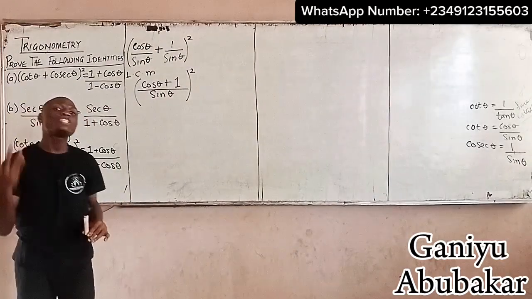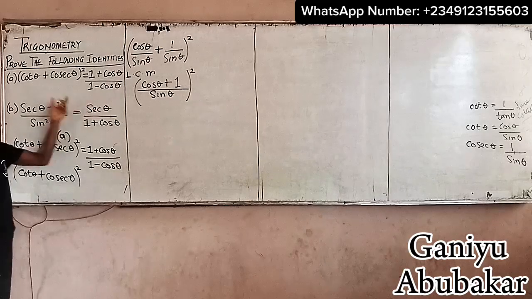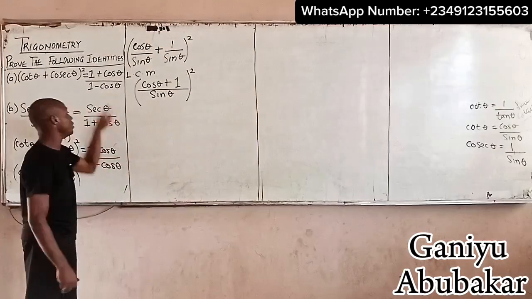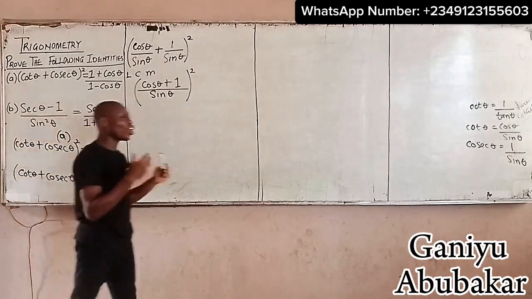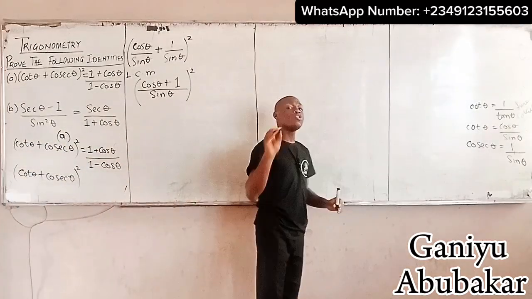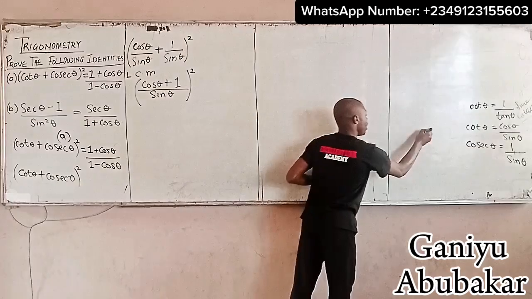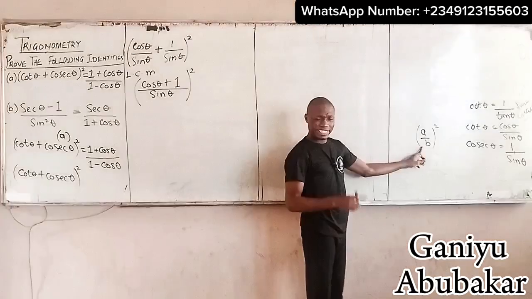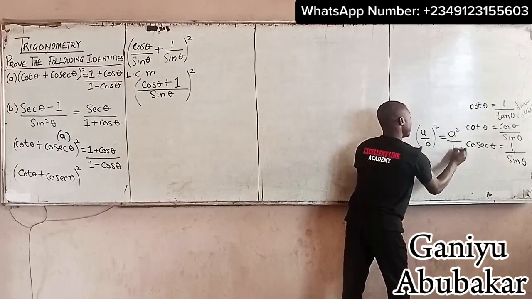Don't forget that we're trying to prove this being equal to this. So let's break this down such that we expect our answer should be this. Let's now see if that is true. From here, I will apply the concept of indices. What we know generally is that if I have (A over B) all squared, applying the indices concept, I'll have A squared all over B squared.